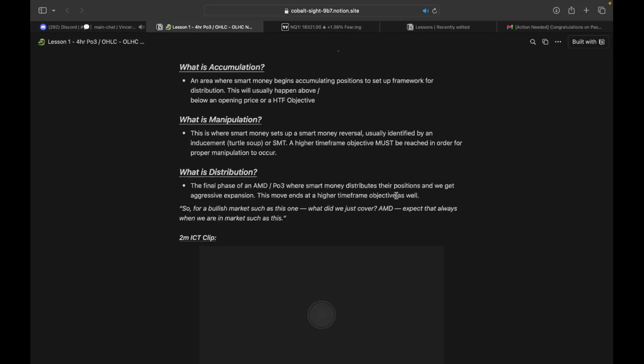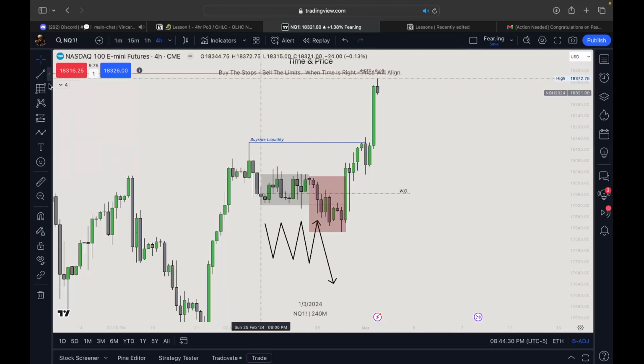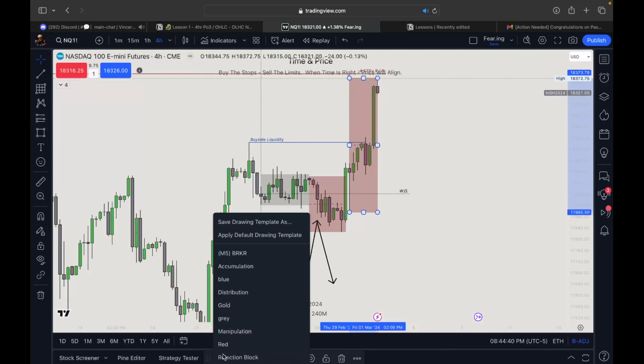This move is also going to end at a higher time frame objective, such as higher time frame PD array, specifically a premium array, buy side, sell side, or standard deviation projection. So that is exactly what we saw here. Accumulation, manipulation, followed by distribution.